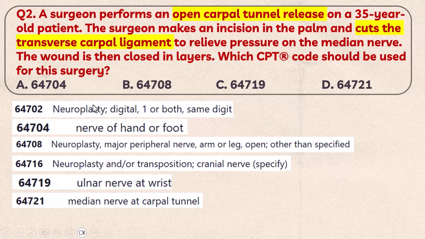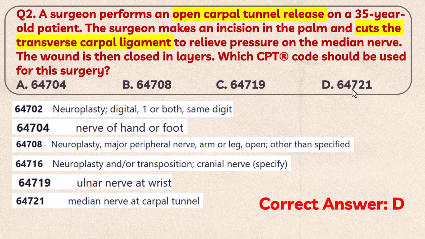When you go for the other codes, 64708 is neuroplasty, major peripheral nerve, arm or leg, open, other than specified. 64716 is neuroplasty and/or transposition, cranial nerve. 64719 is ulnar nerve at wrist. 64721 is median nerve at carpal tunnel. So you have to read this code as neuroplasty and/or transposition, median nerve at carpal tunnel. So the correct answer will be answer D.